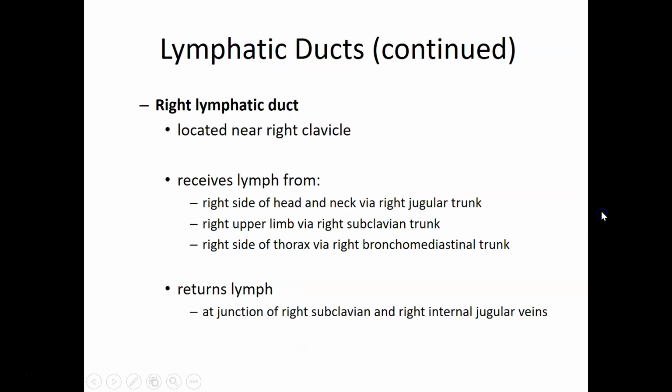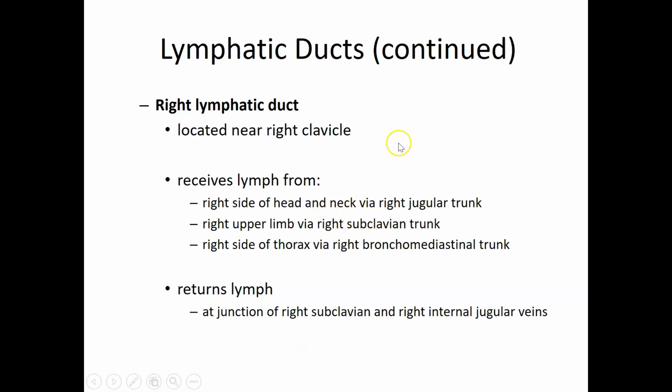So let's look at the anatomy. This slide has some basic information of where the actual connection is. So for the right lymphatic duct, it's located near the right clavicle, and it's going to receive lymph from 3 lymphatic trunks. So the right jugular, draining lymph from the head and neck.